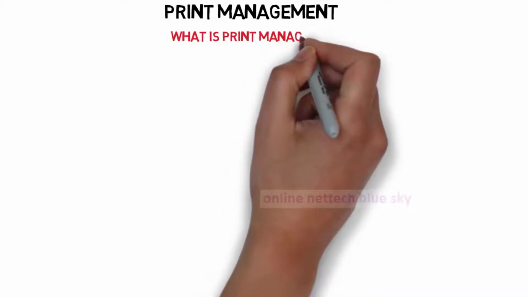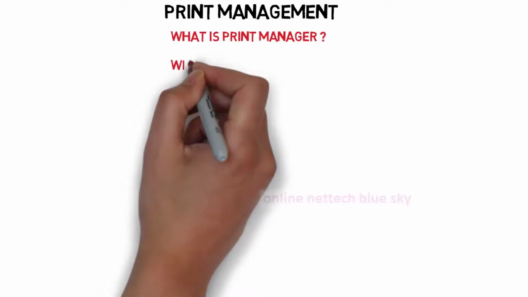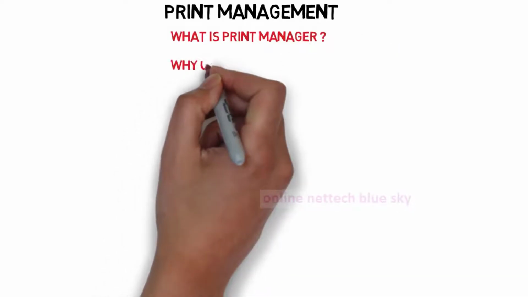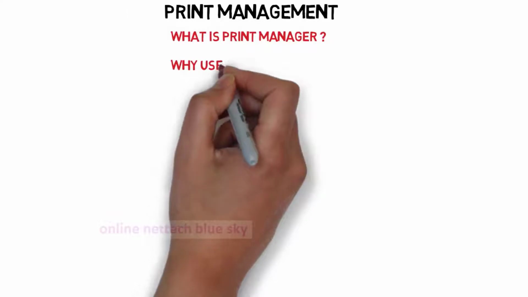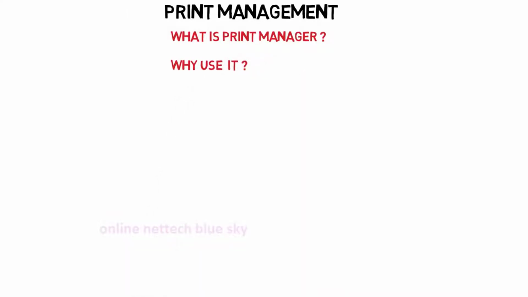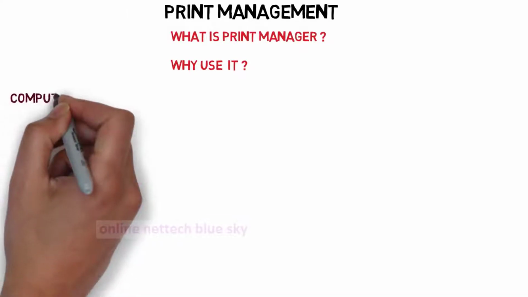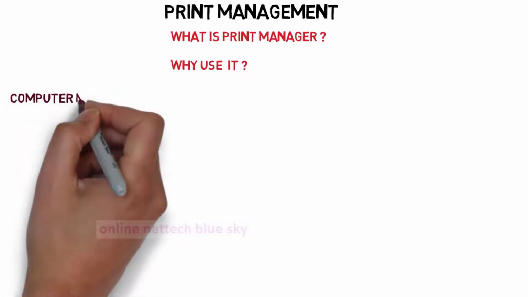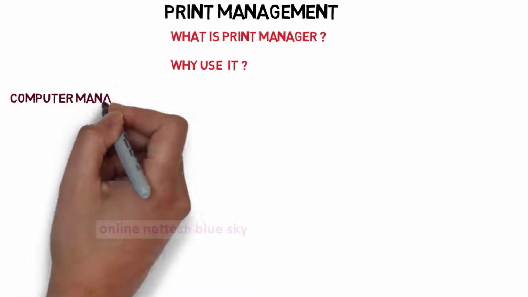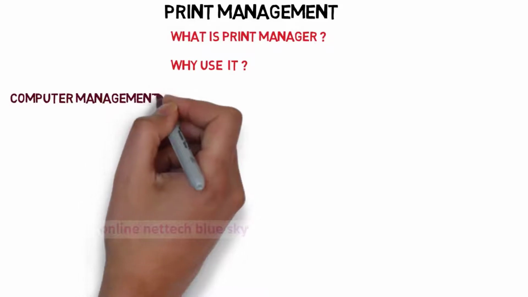Print means you print your documents and systems here, and settings are very important for the print manager. So why use this print management? A computer has very different types of tasks available, with tools and systems and devices.